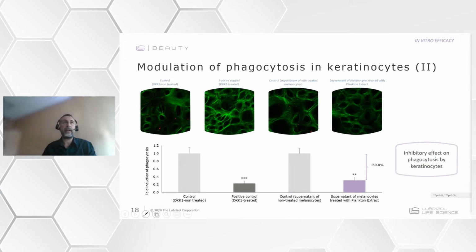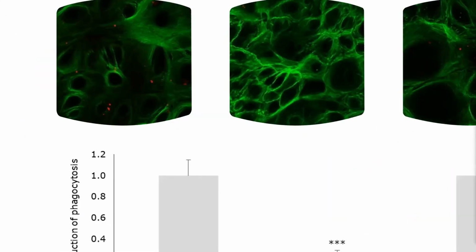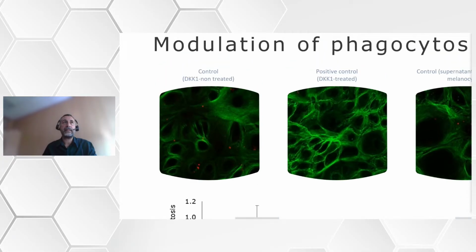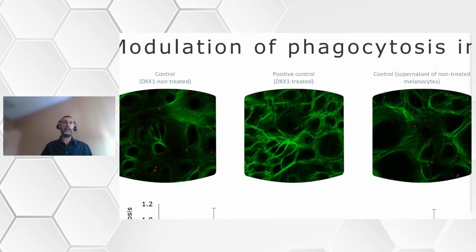We will do some zoom here. As you can see, there are some red particles in the first picture. So these red particles are the fluorescent microspheres that have been absorbed in the keratinocytes. Okay, when we add the DKK1, the amount of these red particles is decreased.